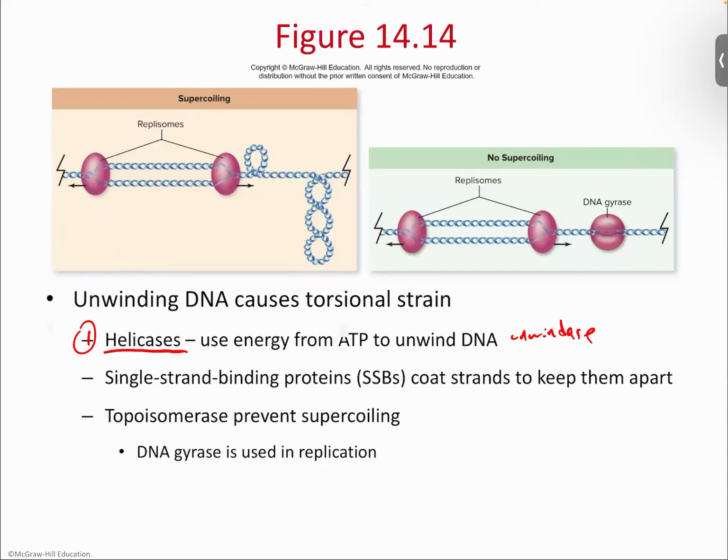Its job is to come in and unwind the DNA and separate it. So basically, it's going to be doing both: you're going to unwind it and separate it out.